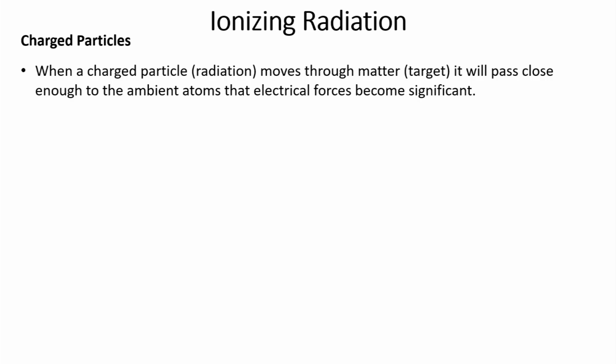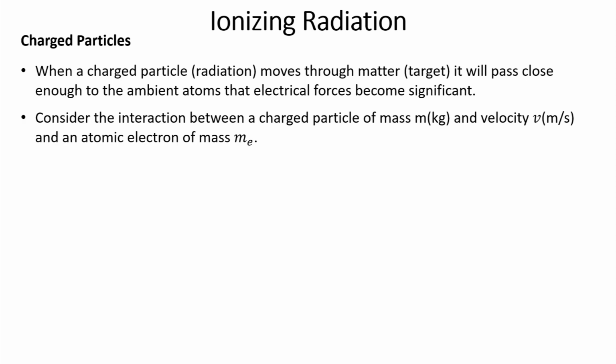It will pass close enough to the ambient atoms, and because of that the electrical forces become significant. It is something like the Coulomb force of attraction. You have a charge and another atom, so a force will be exerted on the atom. Now we will see how we can do it mathematically.